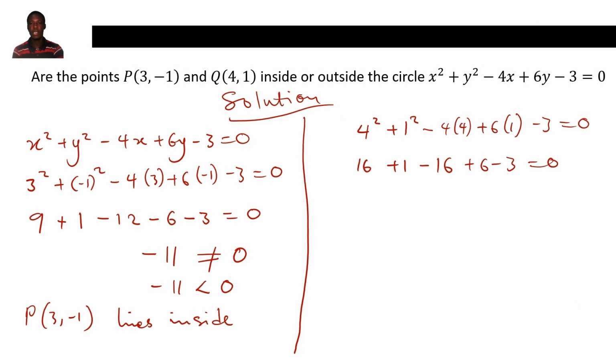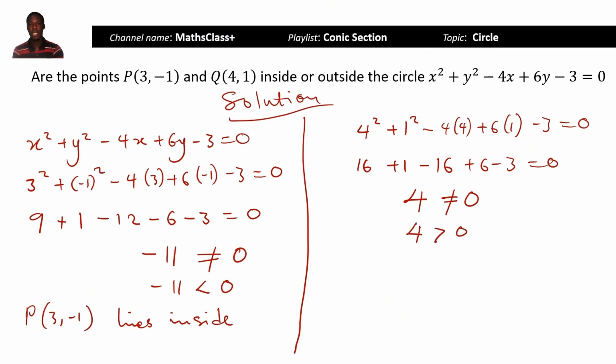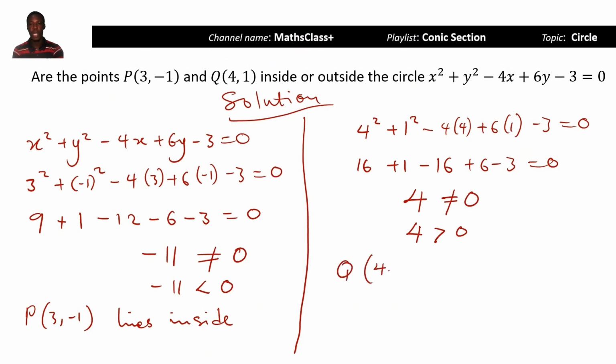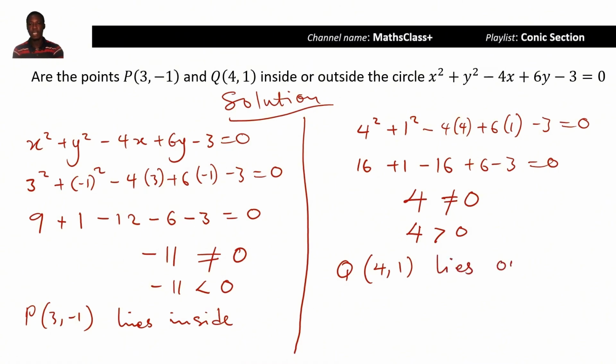So 16 plus 1 is 17, minus 16 is 1, plus 6 is 7, minus 3 will be 4. And 4 is not equal to 0. 4 is greater than 0. And once 4 is greater than 0, it means the point Q, which is (4, 1), lies outside the circle.